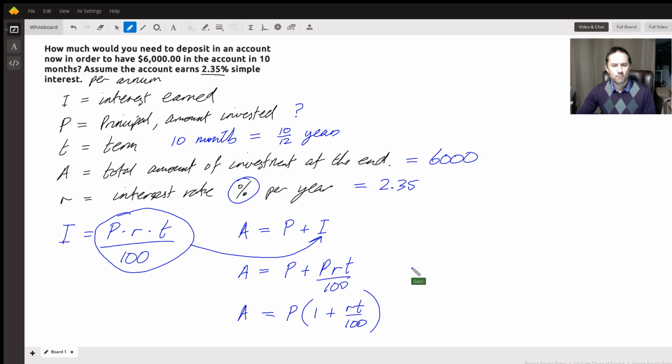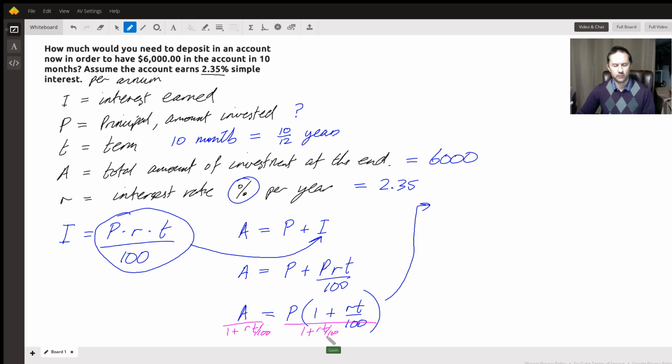I'm taking this, dividing both sides by this big factor. I'll show you that with a different color pen. If I divide by 1 plus RT on 100, you have to do the same on both sides when you're in algebra.